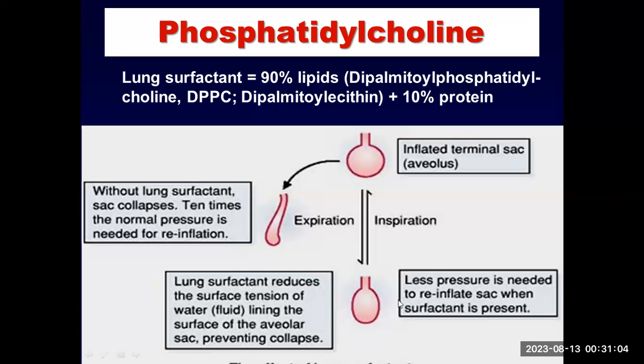So if the surfactant is present, less pressure is needed to reinflate the sac. In the absence, 10 times more pressure than normal is required for the reinflation of the alveoli.